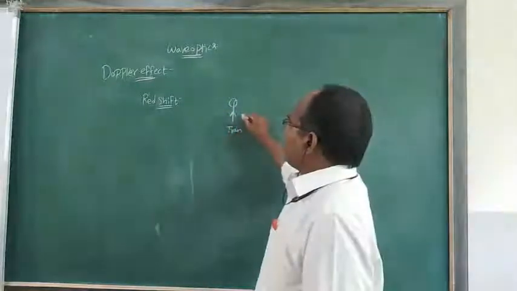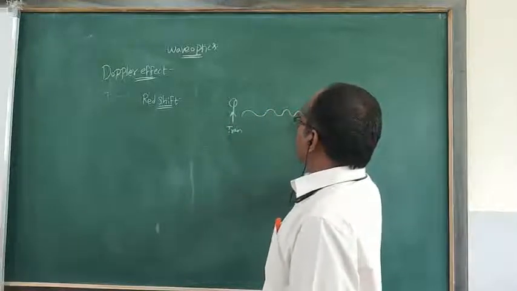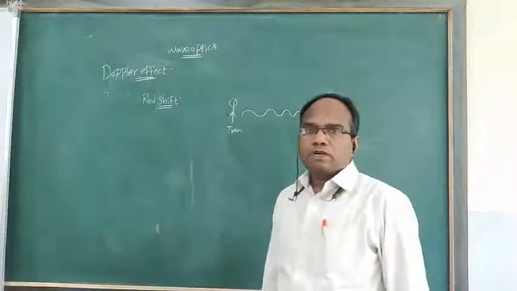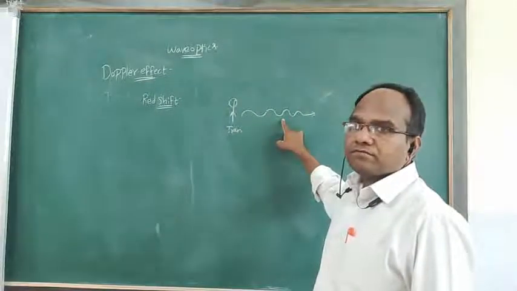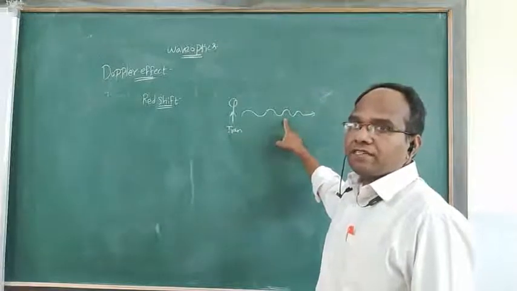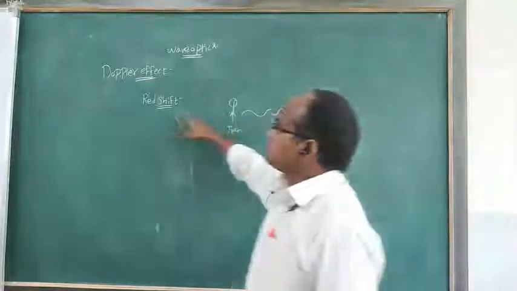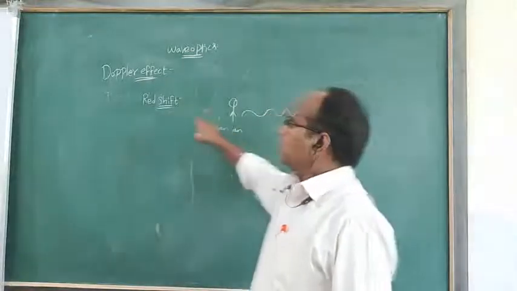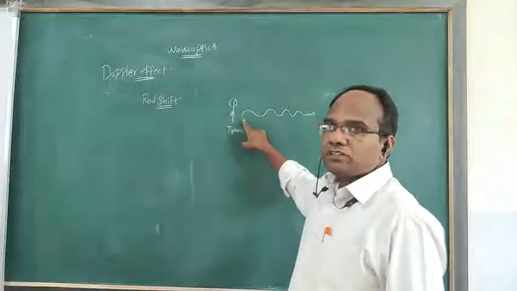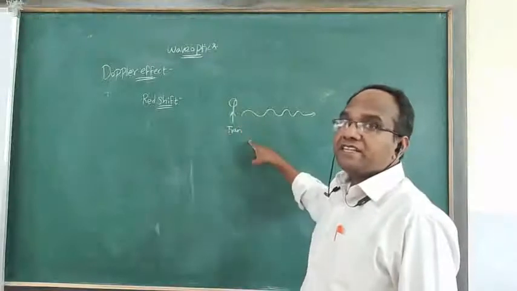So when the source is moving away from the observer, what happens? There is a decrease in frequency or increase in wavelength. Then it is called redshift.